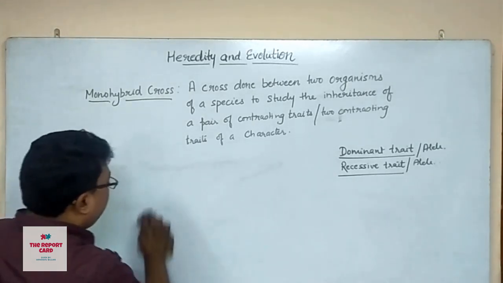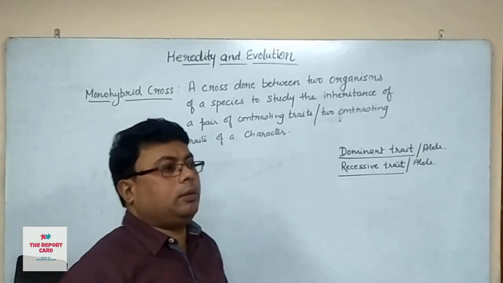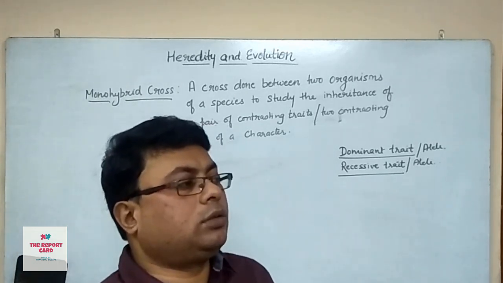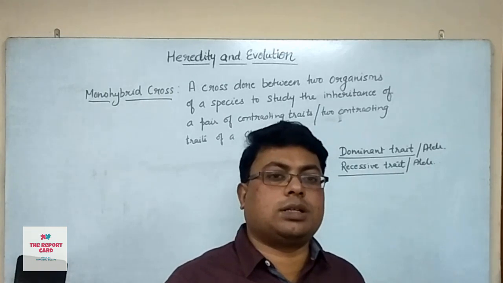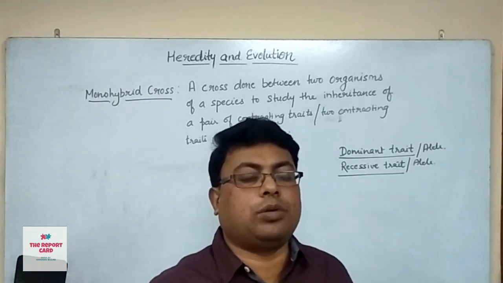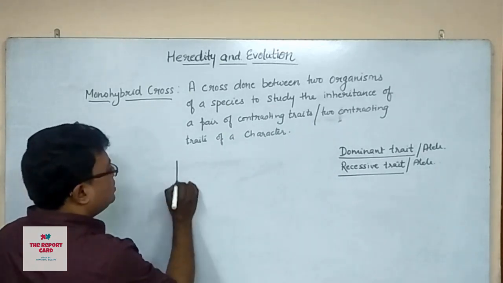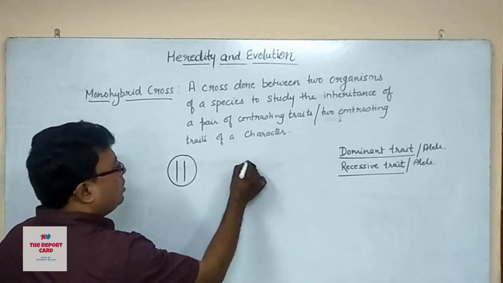You remember in my previous videos, when I was talking about the homozygous and heterozygous conditions, I was giving you an example of Amitabh and Jaya, and I made the alleles something like this: tallness and shortness and all these things.